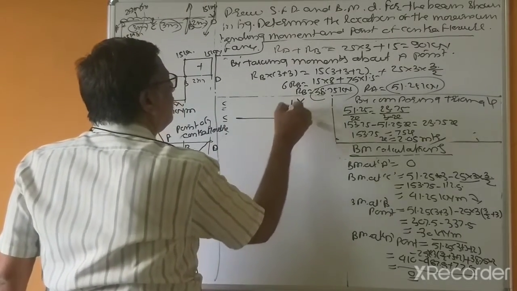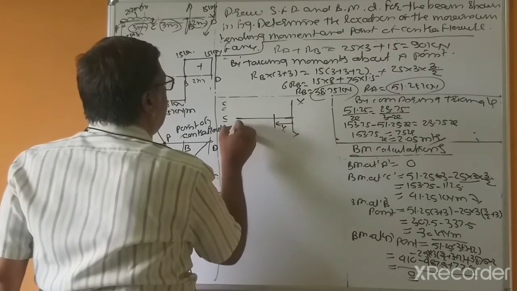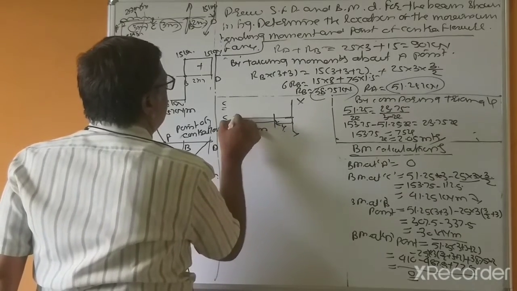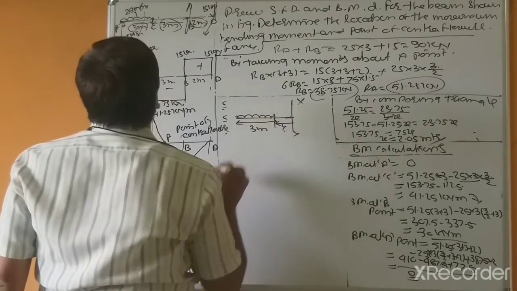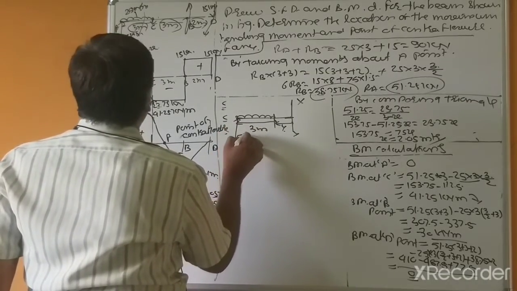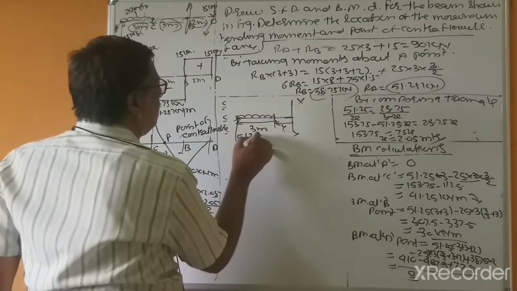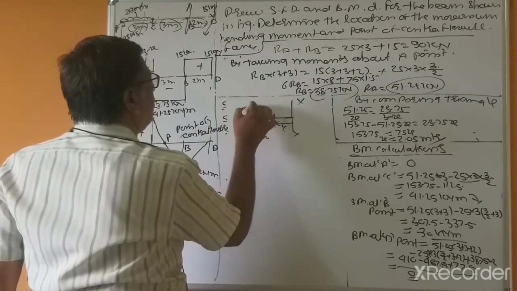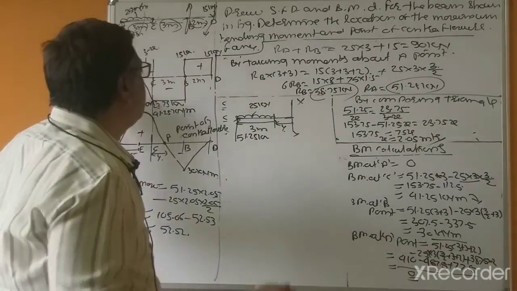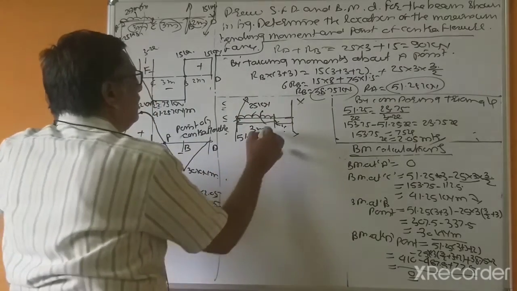At this section, this distance we are considering y and this distance equal to 3 meter. This is the uniform distributed load, and this is 51.25 kilonewton and this is 25 kilonewton. Here this is clockwise moment and this is anti-clockwise moment.